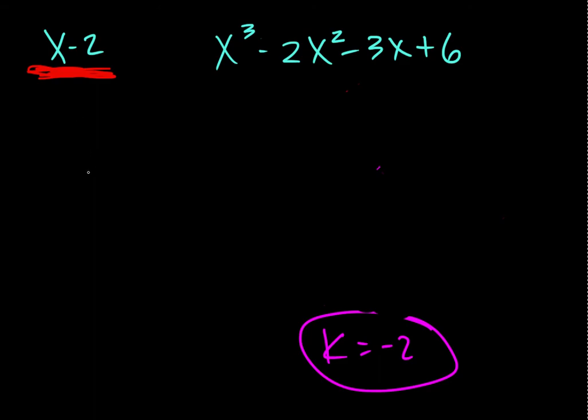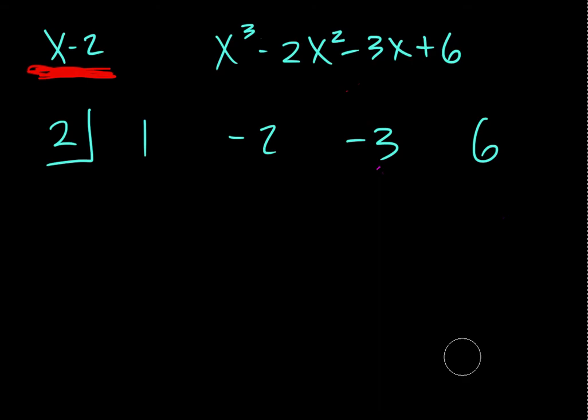Okay. So now we want to fully factor this. I'm going to show you something with synthetic division. If we know what the root is, which is just a 2, once again, just set it equal to 0 and solve for it if that's confusing. Then we're going to pull out all the coefficients. So there's a 1 right here, negative 2 right here, negative 3 right here, and a 6 right here.